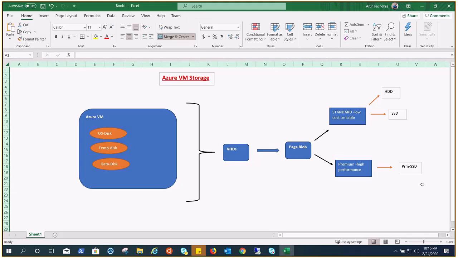Wonderful. Now, hope this structure helps you understand how things are divided, how things are used, how things are actually happening at the backstage. So there are different performance tiers for disk: standard HDD, standard SSD, and premium SSD.